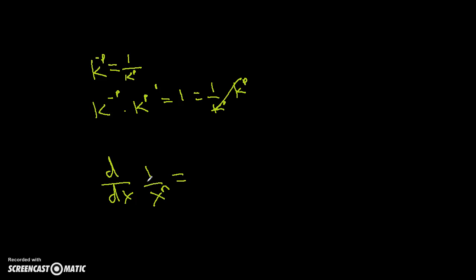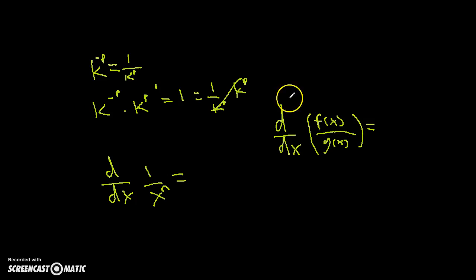Okay, as you may remember from the last video, the quotient rule states that the derivative of a function f of x divided by a function g of x is going to be equal to the derivative of f of x times g of x, minus the derivative of g of x times f of x.